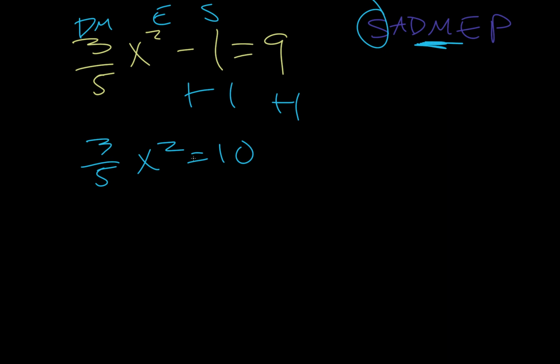And from here, the DM comes before the E. So we have an E here and a DM. Now to undo a fraction in just one step, we technically could multiply by 5 and then divide by 3, or divide by 3 and multiply by 5, whatever order you want. But I think the best way is just to multiply by the reciprocal.